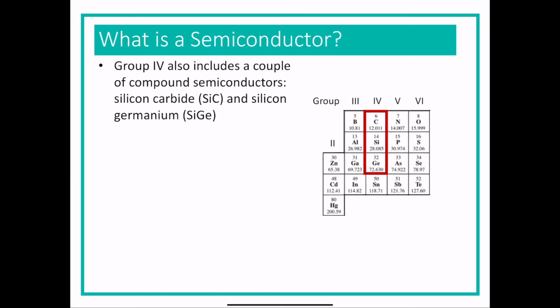So carbon is only used as kind of a part of a semiconductor. We don't make semiconductors out of just carbon. It would be awesome if we could, because they'd be really, really tough, but there are reasons why we don't. So sometimes silicon carbide and silicon germanium are used as elemental kind of semiconductors, but not so common.